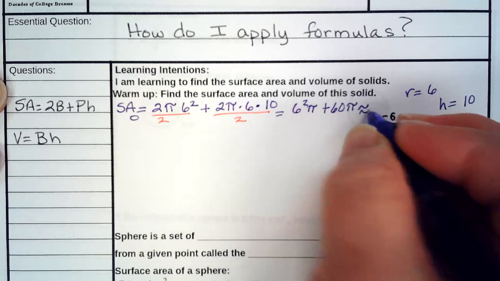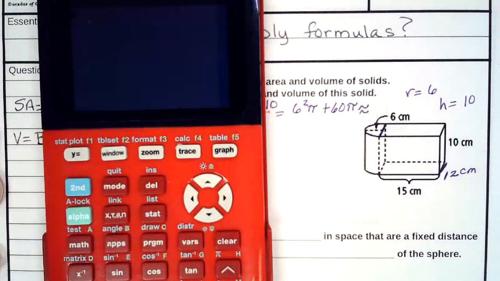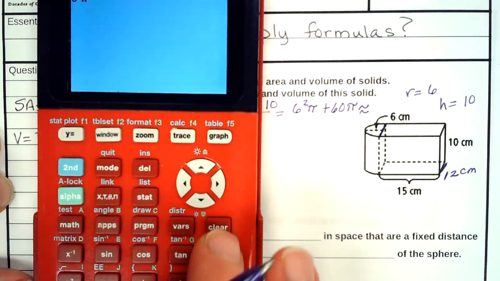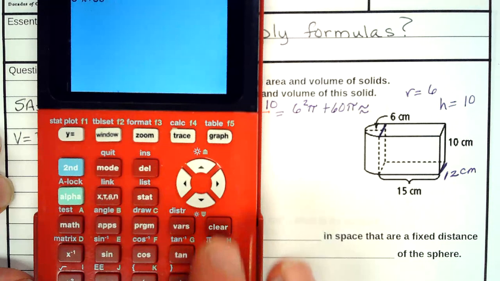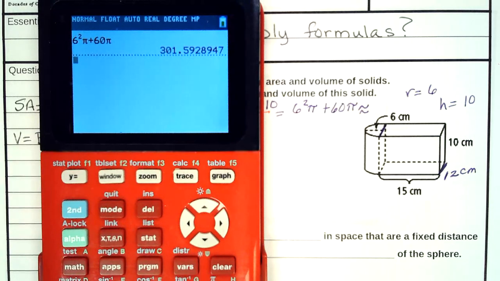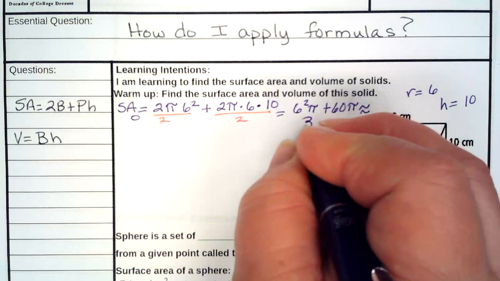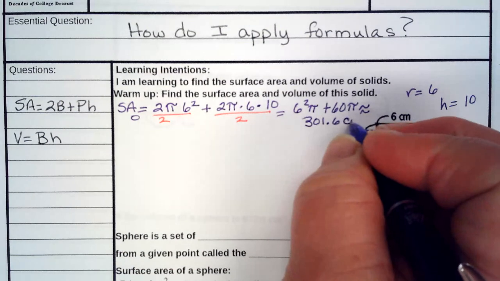And this is about, remember we're going to do an estimation, 301.6. And this would be centimeters squared.